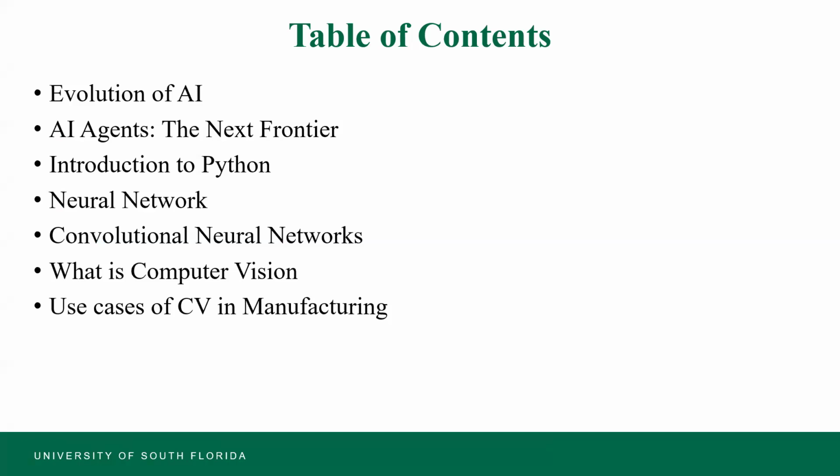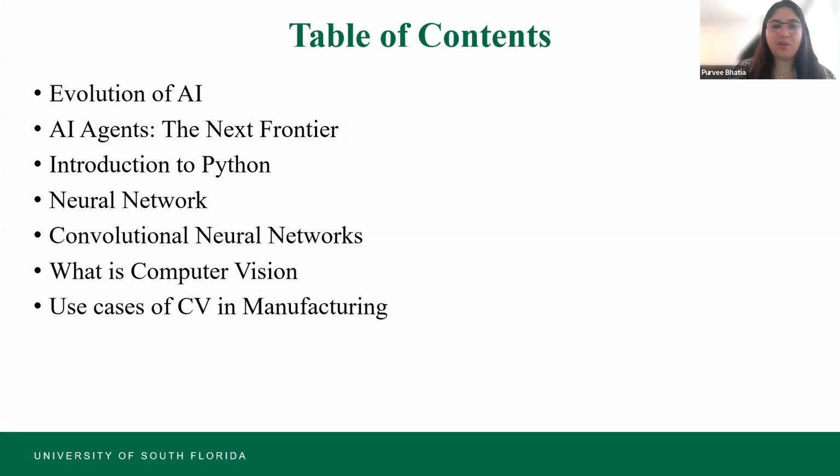After that, we'll briefly go over Python for those of us who are maybe new to Python or are not familiar with the language. We'll go over some of the basics just so our follow up coding and the code explanation gets easier. Then we'll talk about machine learning and neural networks.